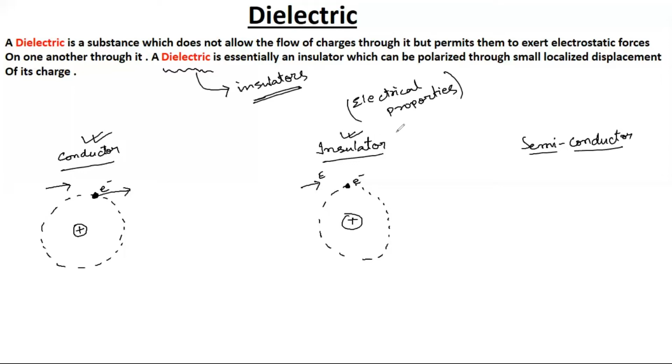Because it shows electrical properties when it comes under an electric field. And how does it show electrical properties? Electrons show small movement. So that is why we sometimes call this type of insulator a special type of insulator. Okay? And what are those electrical properties? We'll be studying them today.